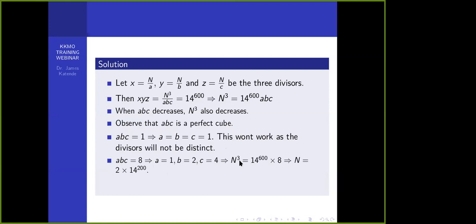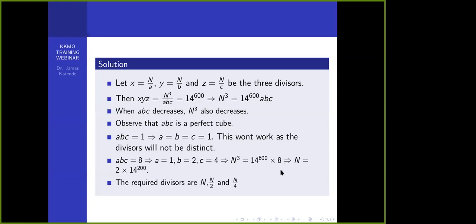Under these conditions, we see that n cubed will be equal to 14 raised to 600 multiplied by 8. And under this condition, we can take the cube roots of both sides, and we conclude that n must be 2 times 14 raised to 200. So that's the smallest possible value of n, because that's the smallest cube we have found which works for this equation.